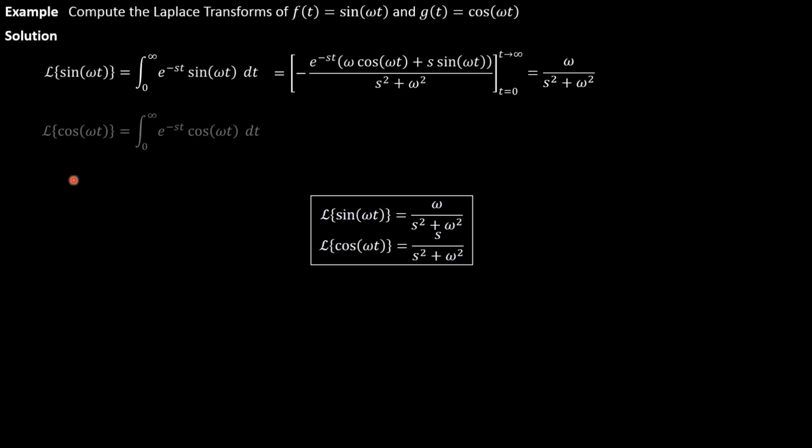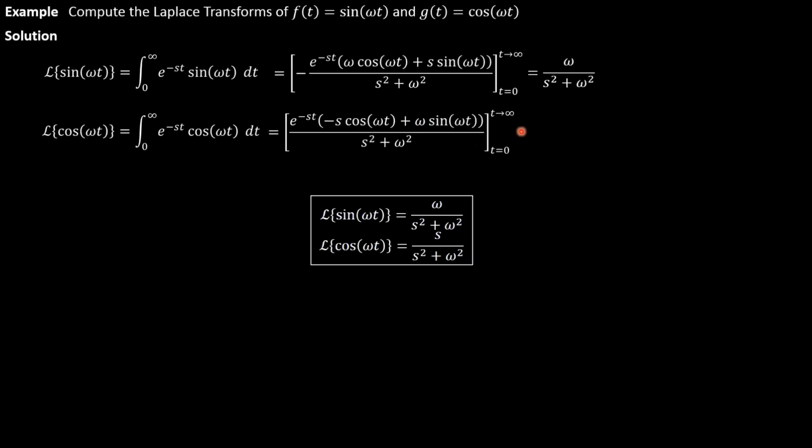And for the Laplace transform of cosine, I just went and plugged that into a computer again, and took the limits 0 and infinity. And so just to be clear, as t approaches infinity, this exponential term is approaching 0 much faster than this is approaching 0, and this is approaching 0.